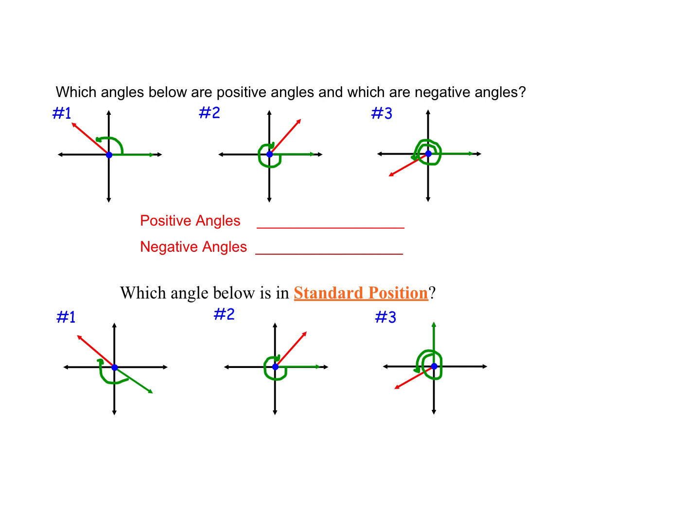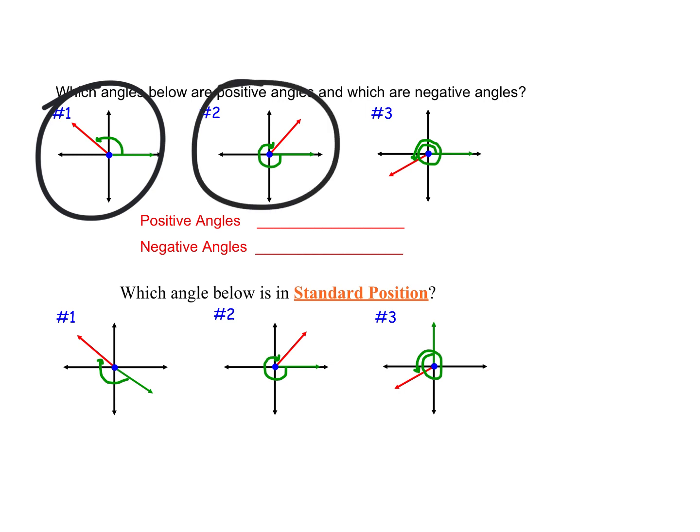Which ones are positive and which ones are negative? Well, that's easy. That's positive because it goes in the normal direction. That's negative because it goes in a not normal direction. Look at number 3 and be careful. You can tell if you use logic which way they went and therefore whether it was positive or negative.